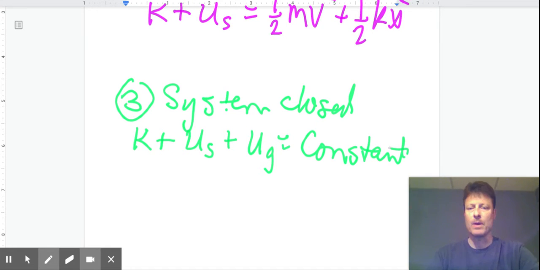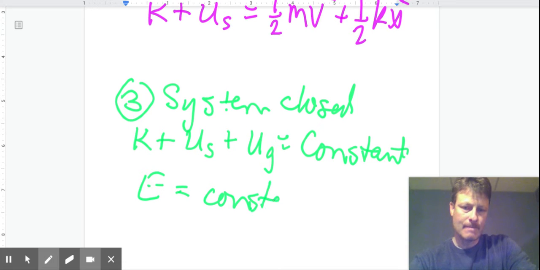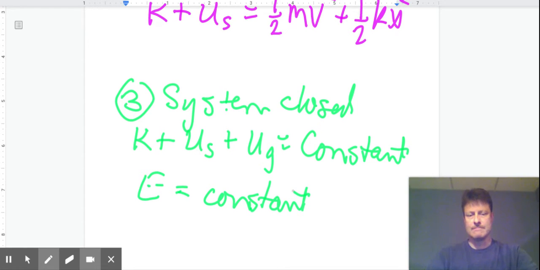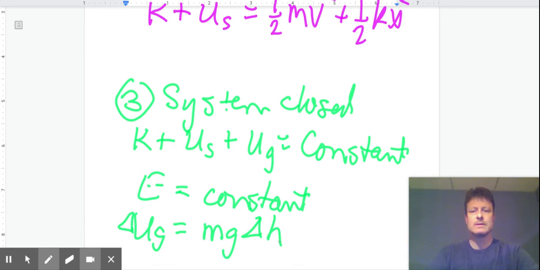For the last part, the total energy of that system does not change. The potential energy due to gravity is changing as it moves up. You've got an mg delta h, so it's gaining gravitational potential energy in the system. That part is going to take away from the other part of the potential energy, the spring.